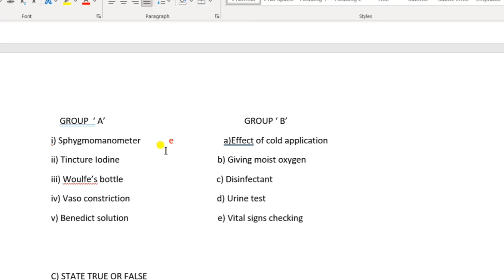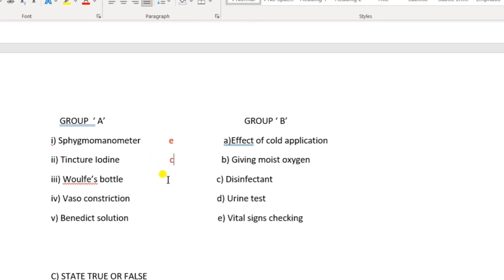After the lumbar puncture procedure, we press tincture iodine with the help of cotton. Tincture iodine is also used for pre-operative scrubbing procedure. So tincture iodine is used as a disinfectant.